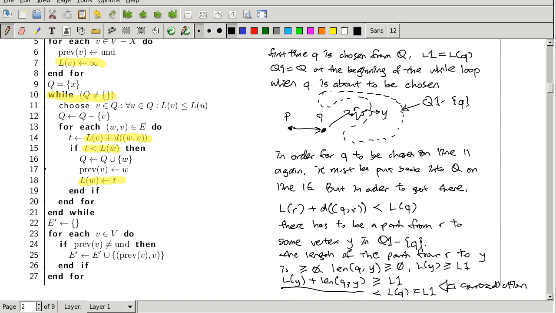Comparing those two instances, we find a contradiction of certain things that cannot happen.